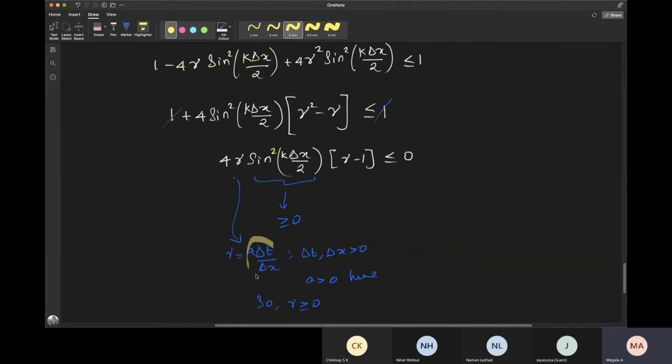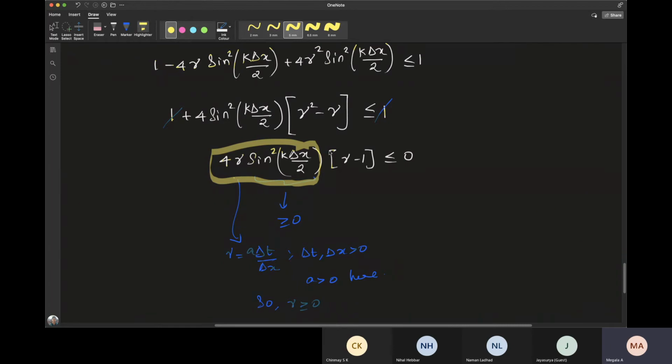And nu is a delta t by delta x, and we considered a to be greater than 0 for this problem, so a is always greater than 0 here. Delta t and delta x are also greater than 0. So nu is greater than or equal to 0, and 4 is also positive. So this whole thing is always positive.